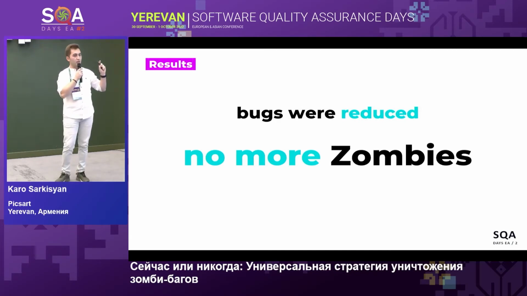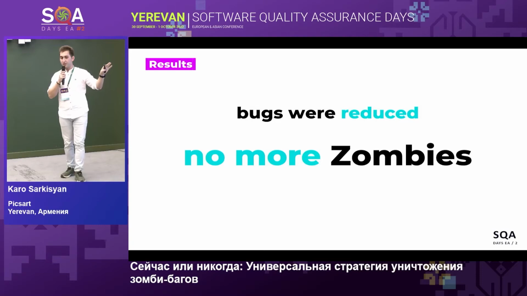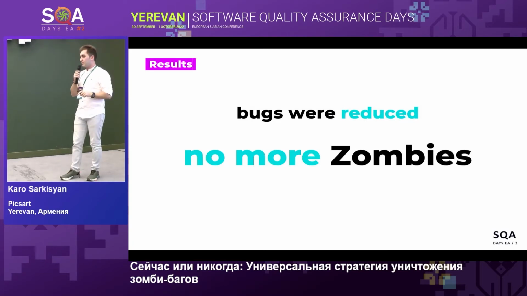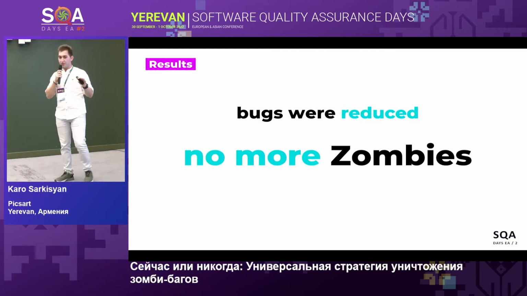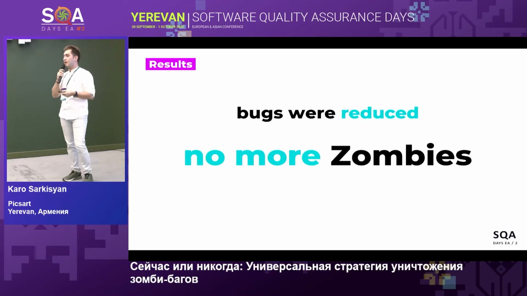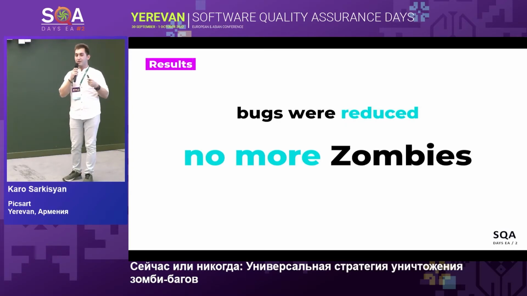What does the component bug limitation have in common with zombie bugs? Let's think about the situation when the team was blocked, when they need to merge feature tasks, and they need to reduce the bug count.